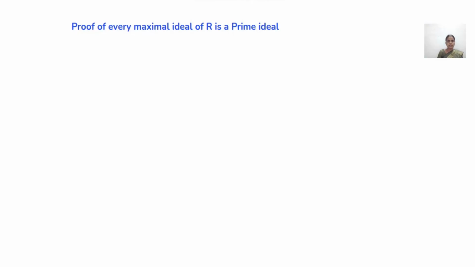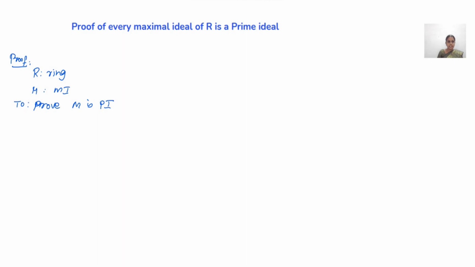Now we are ready to prove that every maximal ideal of R is a prime ideal. Here we take R to be a ring, and I'm going to take a maximal ideal M. It is any maximal ideal, and we need to prove that M is a prime ideal.